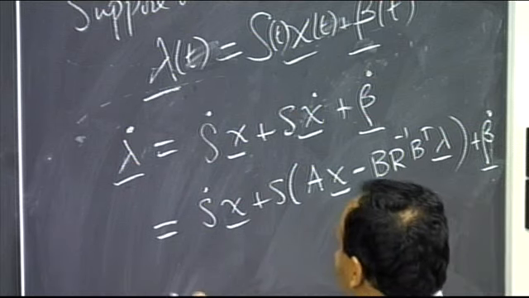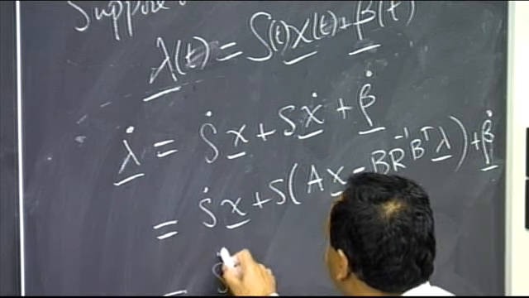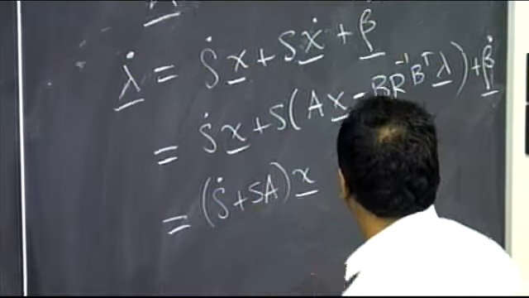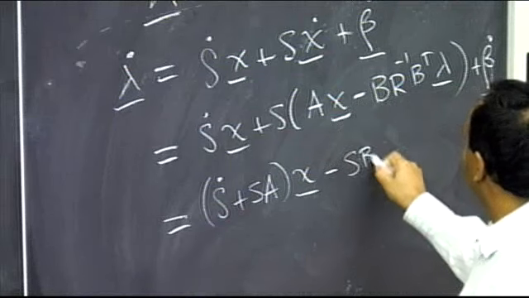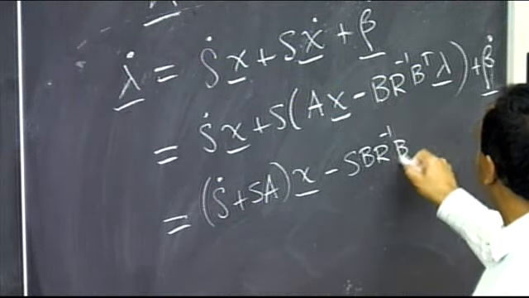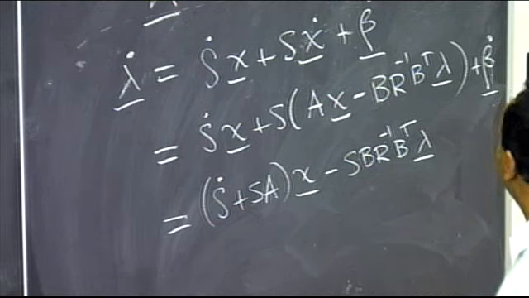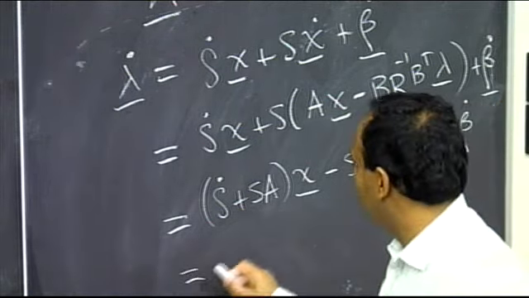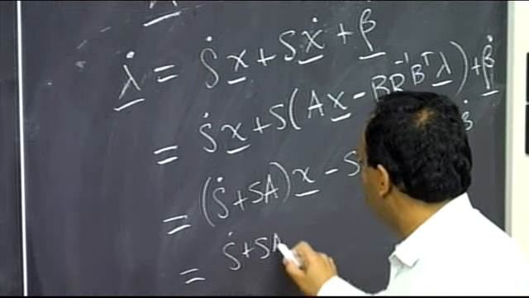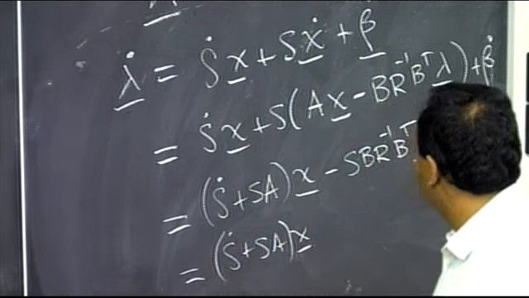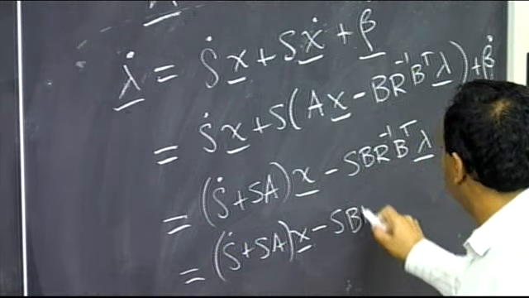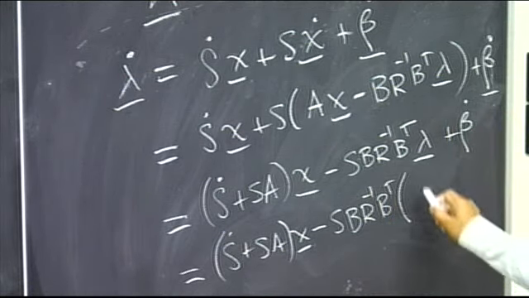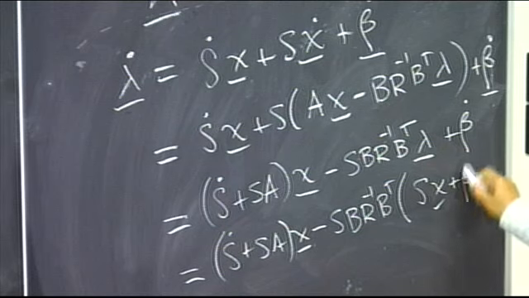So if I rewrite this, what do I get? I get S dot plus SA, this whole thing times x, minus S B R inverse B transpose times lambda plus beta dot. Well, what's lambda equal to? It's equal to Sx plus beta, right?